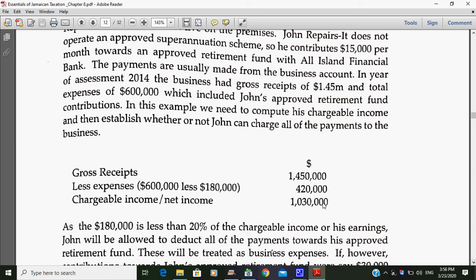We have gross receipts 1.4 million, less expenses 600,000, less 180,000, is 420,000; chargeable is 1,030,000. Now, as the 180,000 is less than 20% of the chargeable income or his earnings, John will be allowed to deduct all of the payments towards his approved retirement fund.